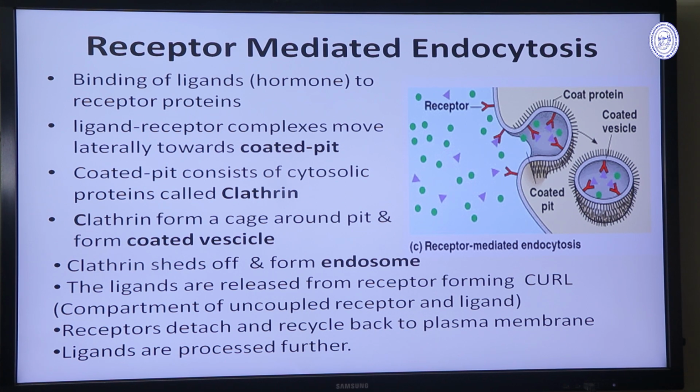The pit is a well like structure. Many of these ligand and receptor complexes gather there, and this pit consists of a protein called clathrin.